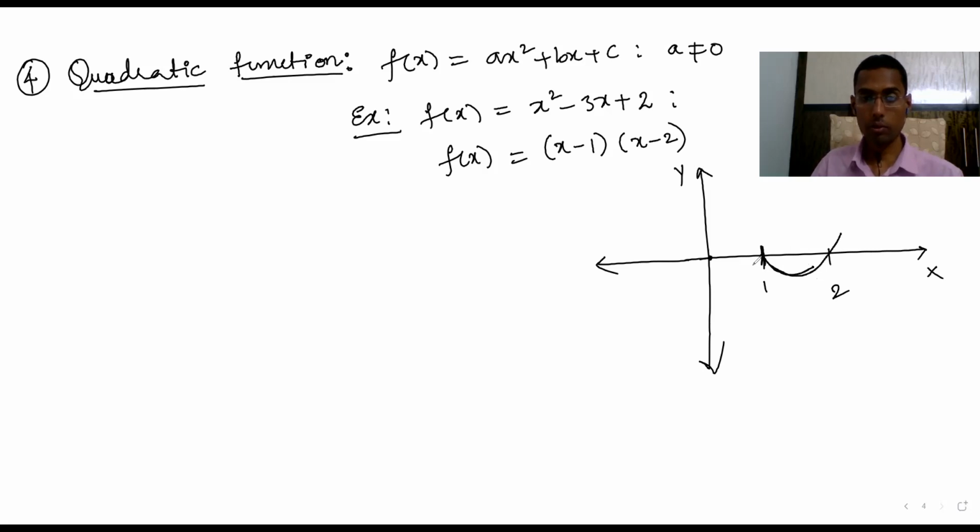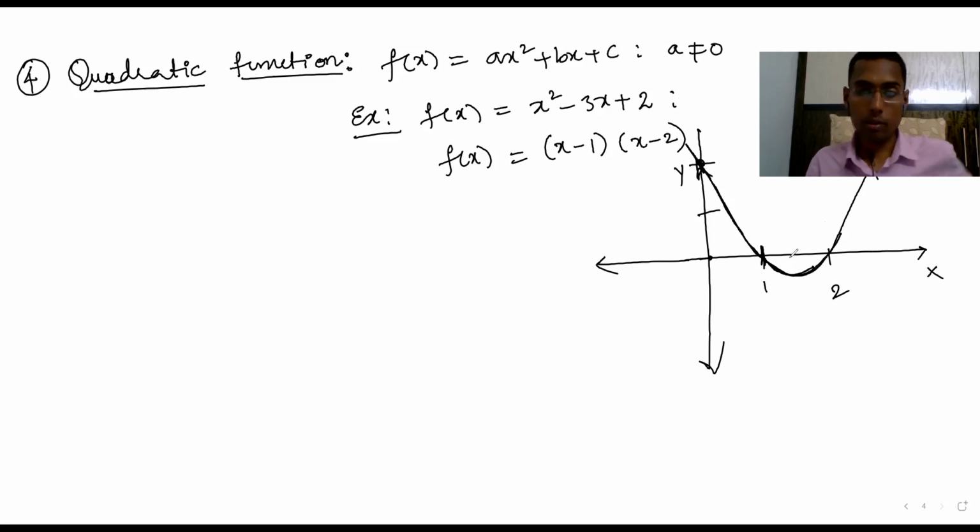When x is 0, y is 2. So this is 1, this is 2, and the graph comes like this, goes down and then up again. Hope you are able to understand.